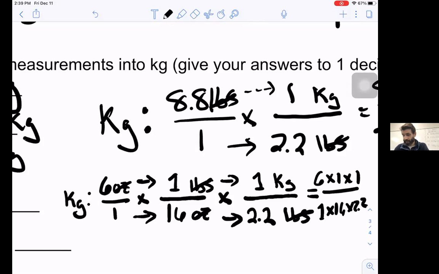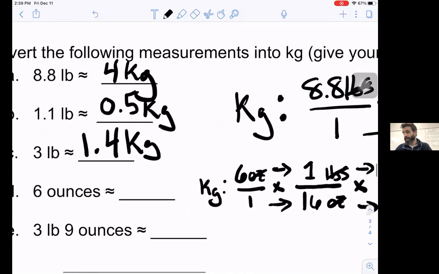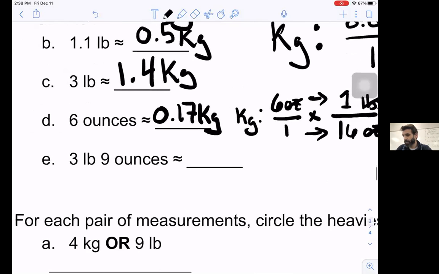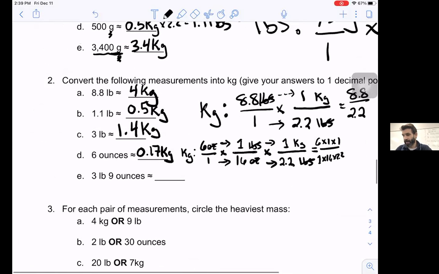What's 16 times 2.2? Oh yeah, so this is now 6 divided by 35.2. And this is 0.17 kilograms, which is 170 grams.